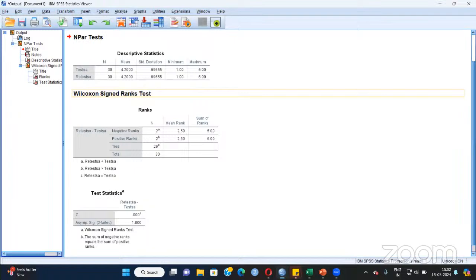Sir, excuse me, sir. Yes, Anthony. Sir, will this one be applicable for my study, the other one we discussed the other day? Yeah, definitely. Only thing is, if you find your distribution does not follow the normal distribution, then you can use this Wilcoxon sign rank test. Initially you have to find out whether your data follows the normal distribution, whether there is any skewness or not.